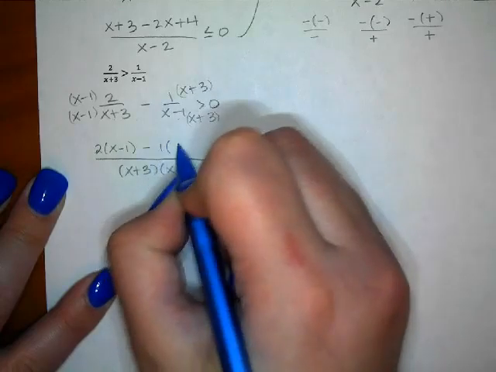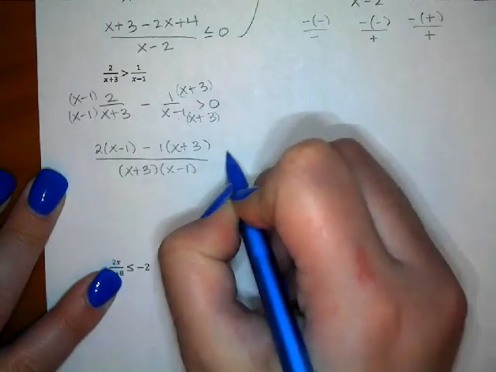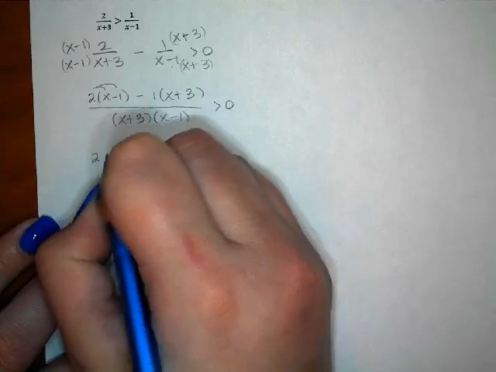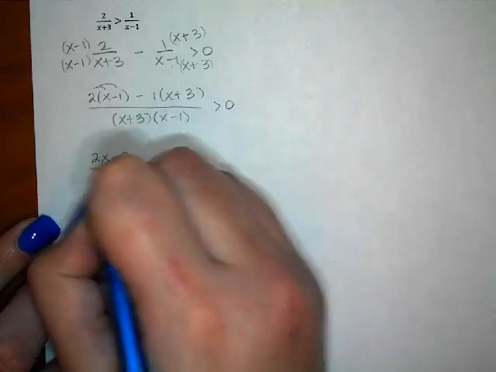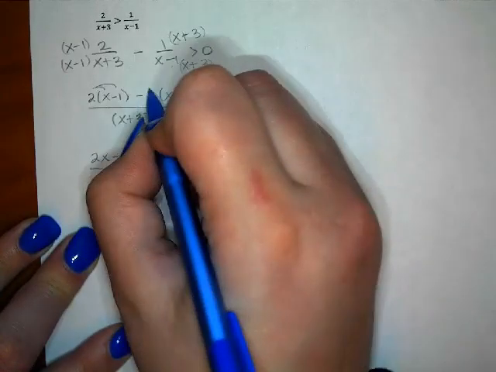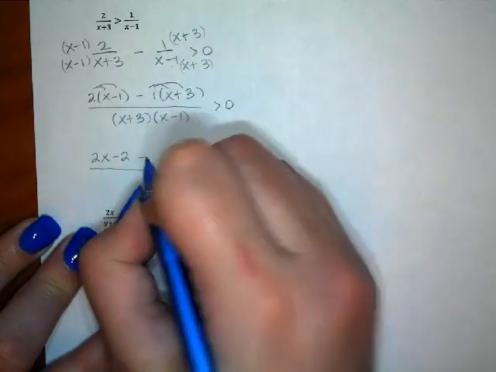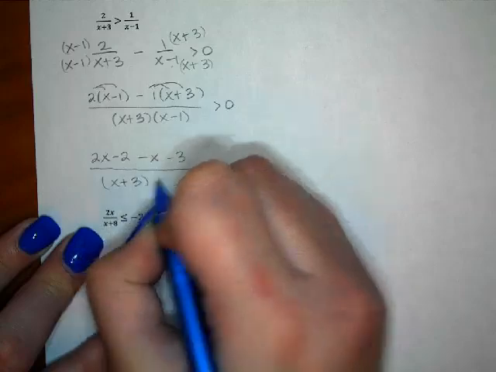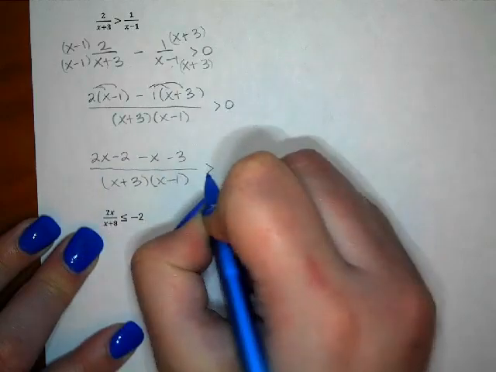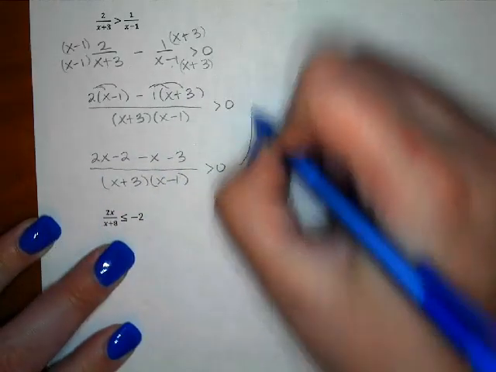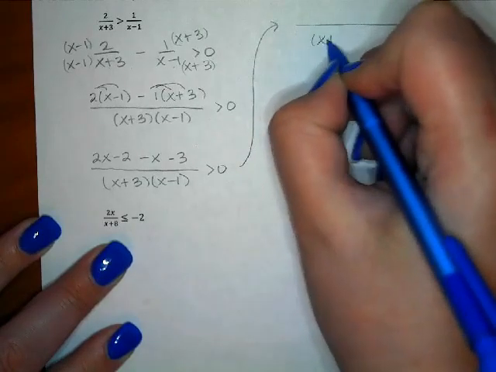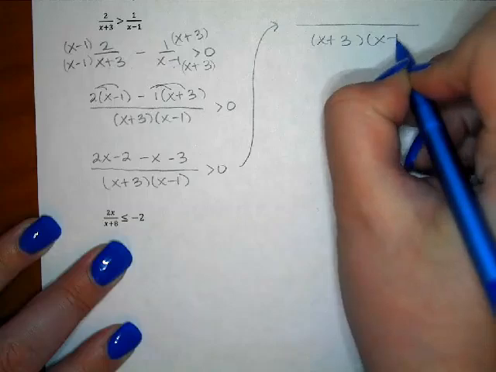So this is 2x minus 2 minus x minus 3. 2x minus x is x, negative 2 and negative 3 is negative 5.